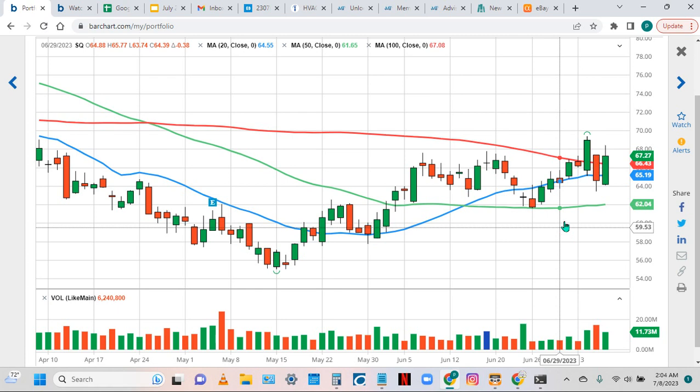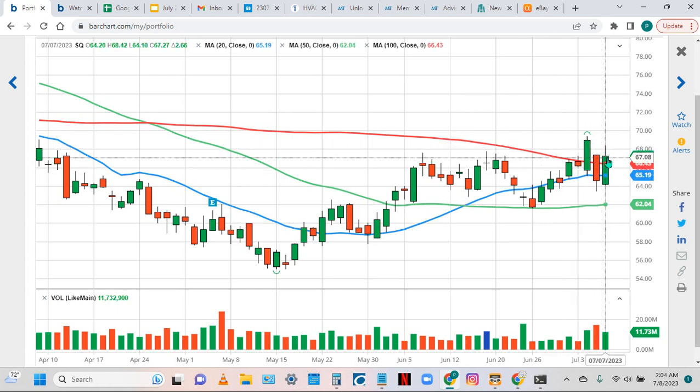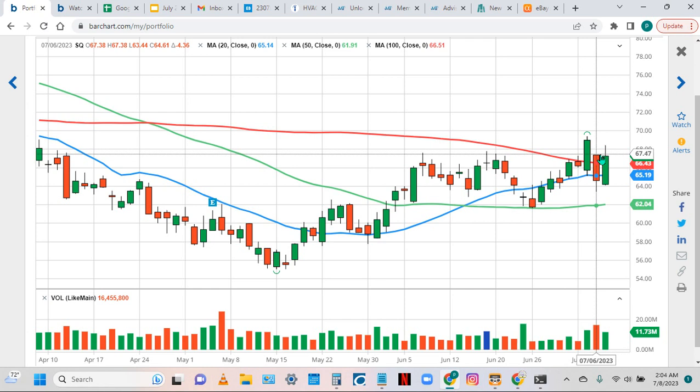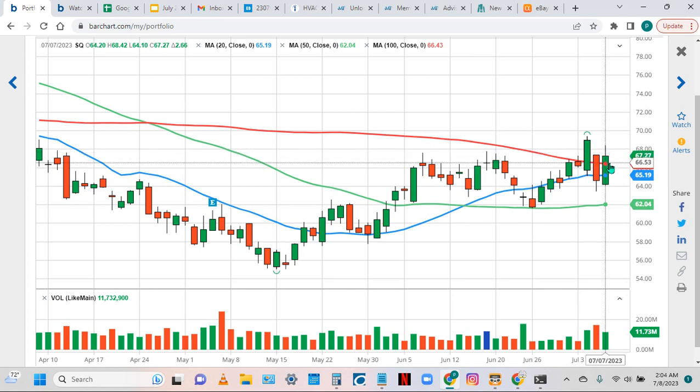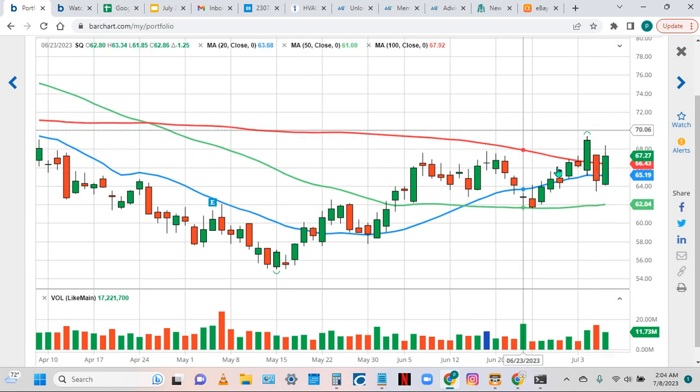I would say over Friday's high would be a viable trade. You could take it at about 68 if you want to put your order at 68. Over this candle would be, the high of that candle was 68.42. So you could always wait for 42 or 43 or 45 and then buy and see if you can get a momentum move out of that.